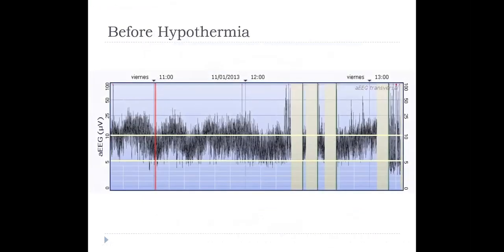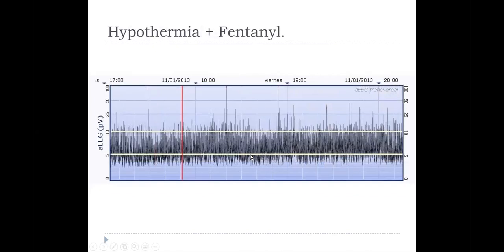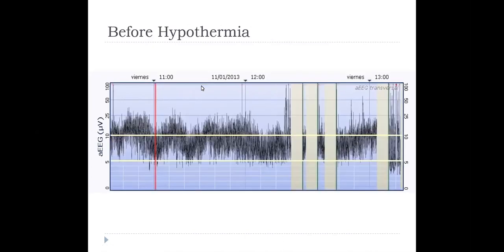Okay, now what happened with aEEG? This is an aEEG in a time window, before hypothermia, and you can see this pattern, like a snake, a continuous pattern. When we start hypothermia in our protocol, we use sedation with morphine or fentanyl. When we don't have morphine, we use fentanyl, and you can see the change in the background pattern.